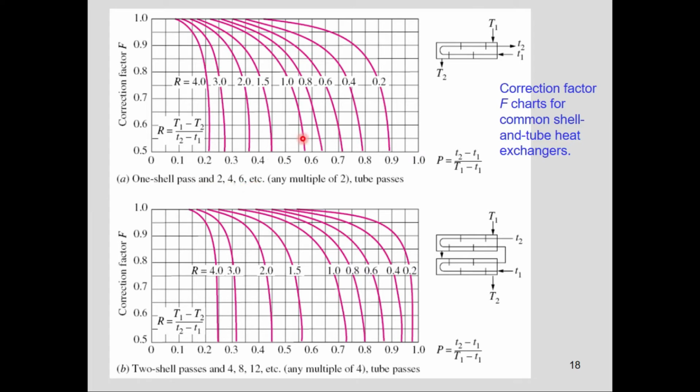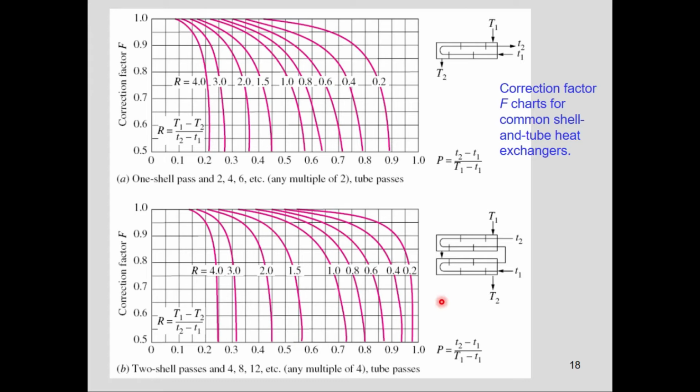Similarly, this is the second chart, at the bottom, and it can be used for 2 shell passes and tube passes that are multiples of 4. It means 4, 8, 12 and so on, you have to use this chart.